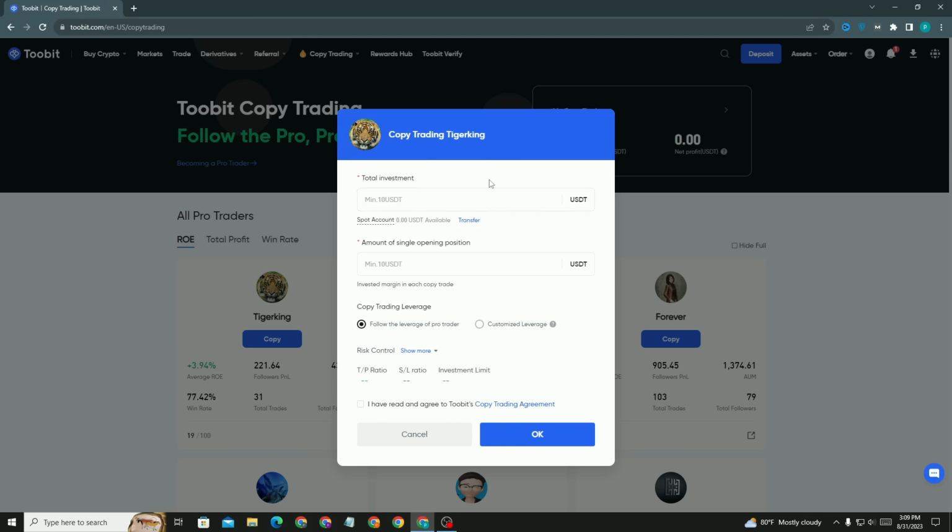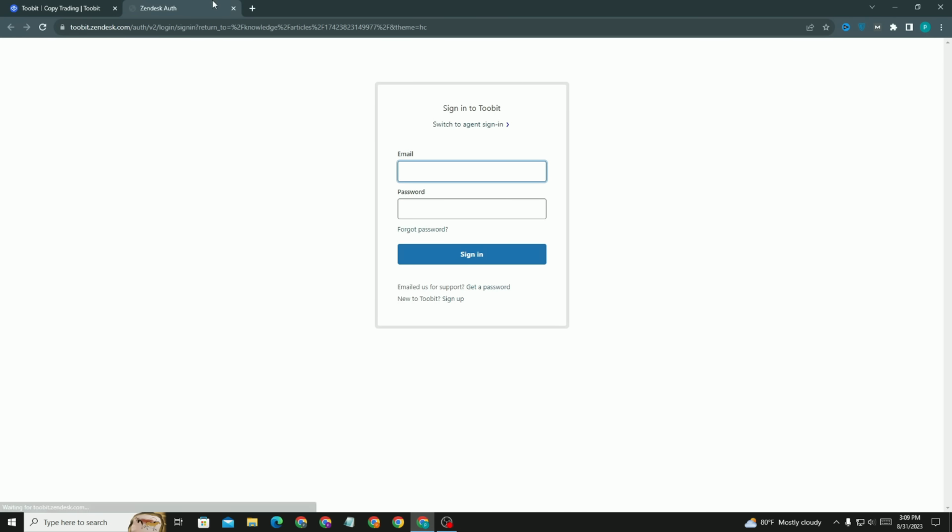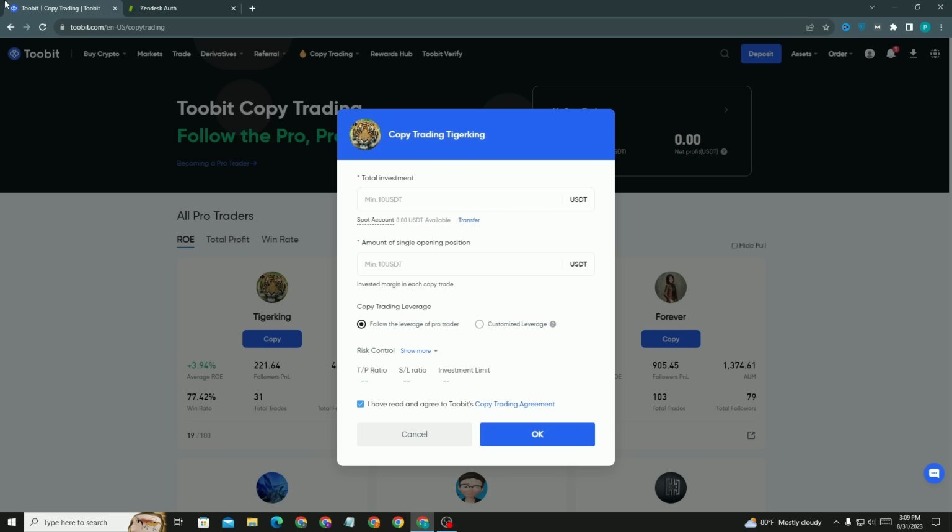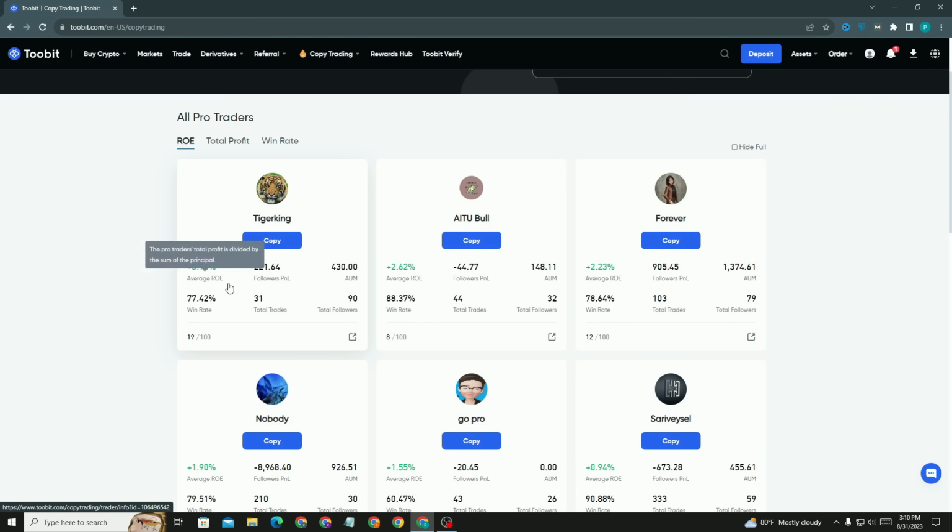So before that, you need to read the terms and conditions of copy trading. So simply sign in, and then you can read all those descriptions, the terms and conditions. Please read them very carefully so that you won't be in trouble in the future. After that, you can simply copy the trades of other people also, who have a good margin, or who have a good volume.